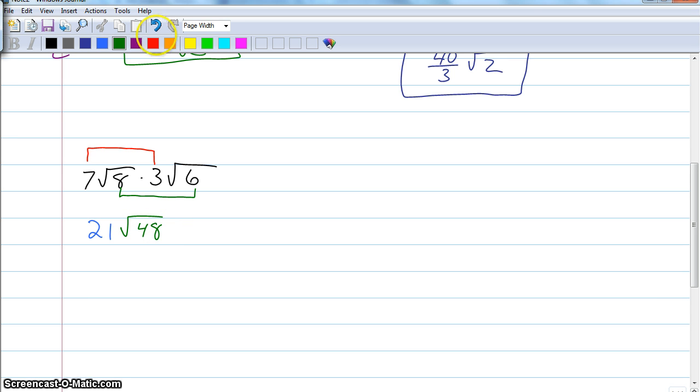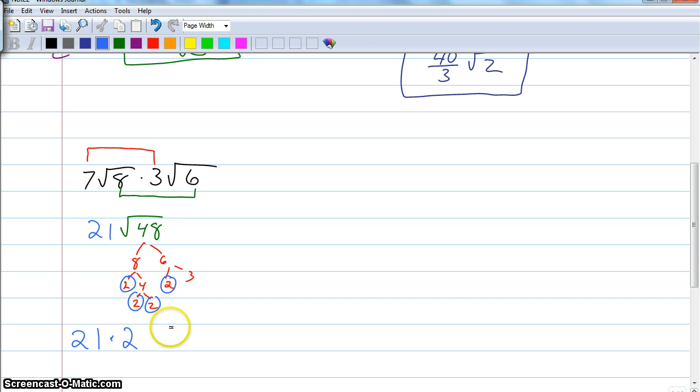All right. So let's make a tree with 48. We might get some weird things. 48. What multiplies to 48? Well, we just multiplied 8 times 6 to get it, right? There you go. So 8 times 6. 8 breaks down to 2 and 4. 4 breaks down to 2 and 2. 6 breaks down to 2 and 3. So remember, we already have a 21 outside. Pair of 2, so another 2 comes out.